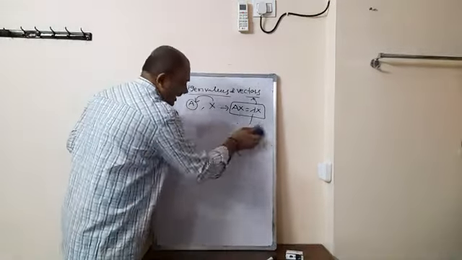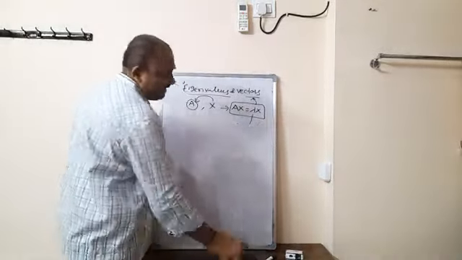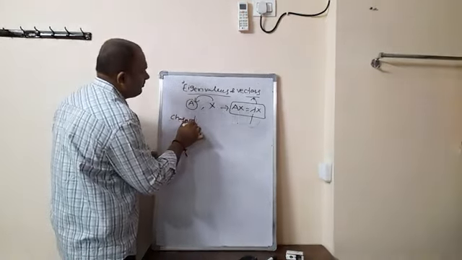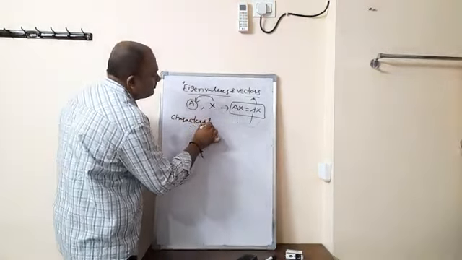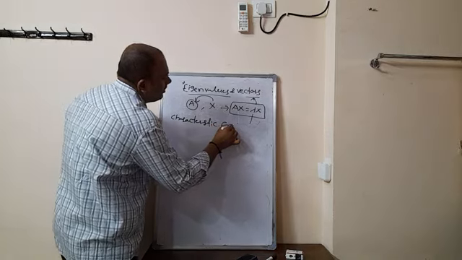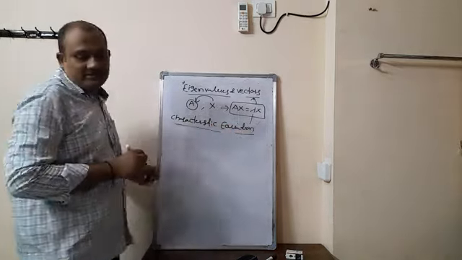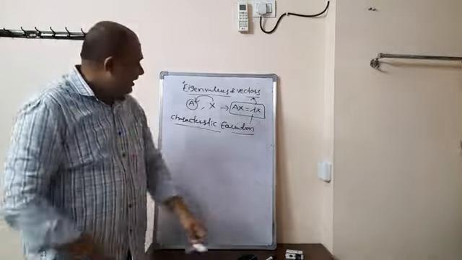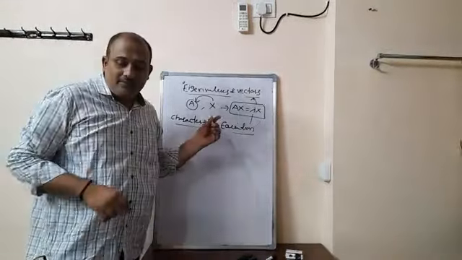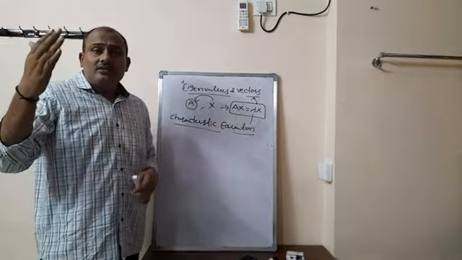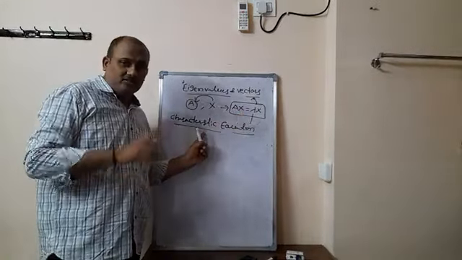After that, the next one is the characteristic equation. Let A be a square matrix.